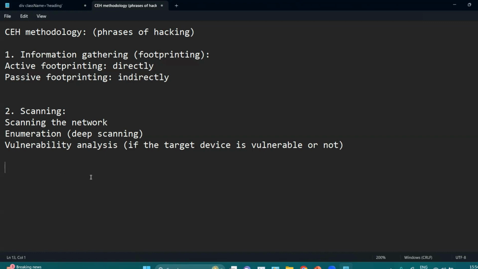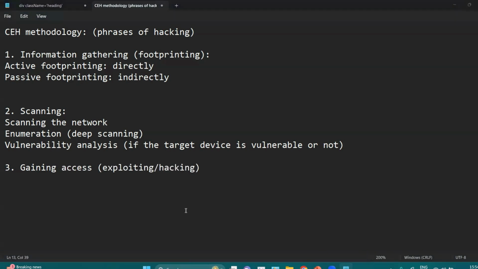Okay. Now, third is gaining access. Gaining access is something which is actually exploiting the system, or we can say hacking. So in the gaining access phase, we actually hack the system. We actually gain access inside the target device, and we can gain access by any kind of technique.